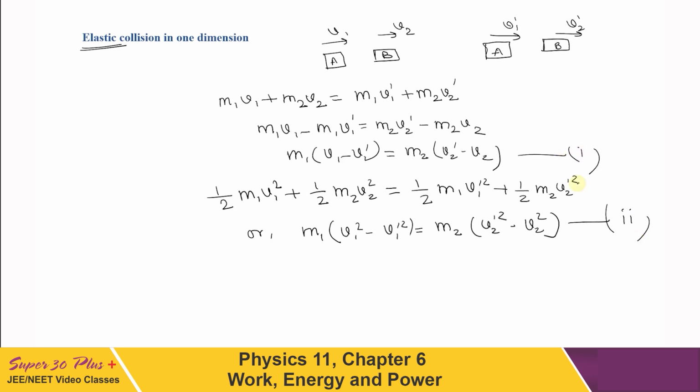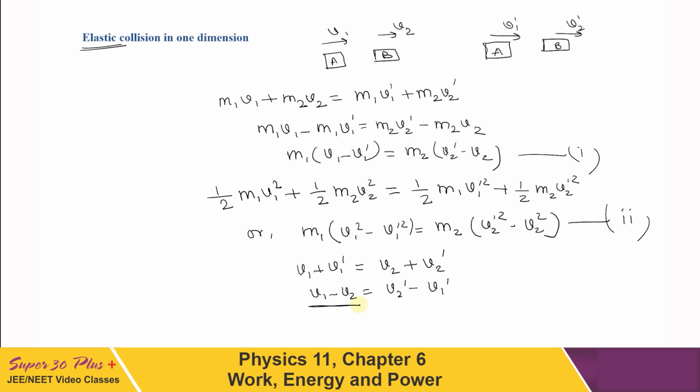From the first and second equation we can now write v1 plus v1 dash equal to v2 plus v2 dash, or v1 minus v2 is equal to v2 dash minus v1 dash. Now you can see this is a very important thing, v1 minus v2. What is this? It is the rate at which the separation of the bodies decreases before the collision.